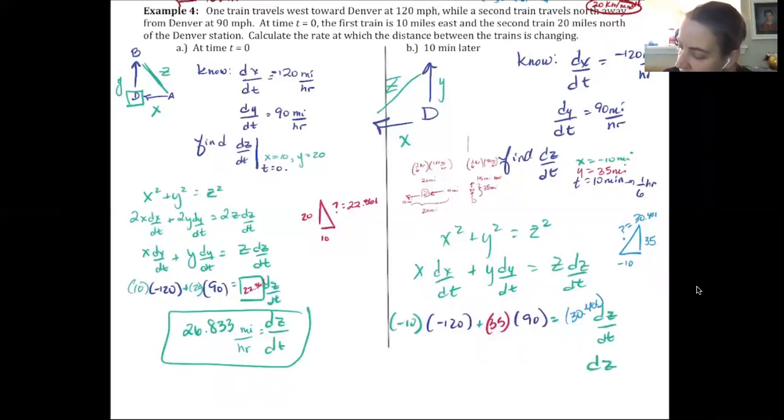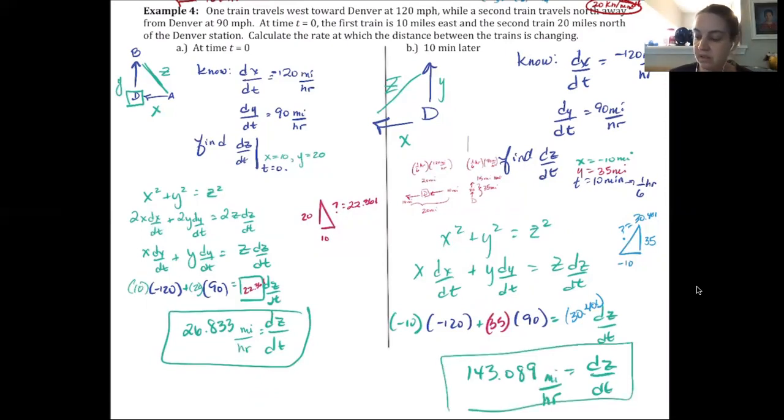So dz dt equals 143.089 miles per hour. That's how the hypotenuse is changing. Now this one's positive. That hypotenuse is getting longer and longer and longer.